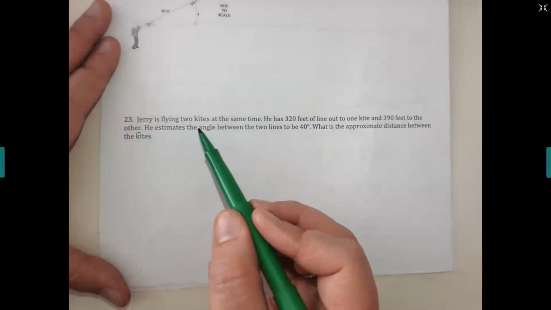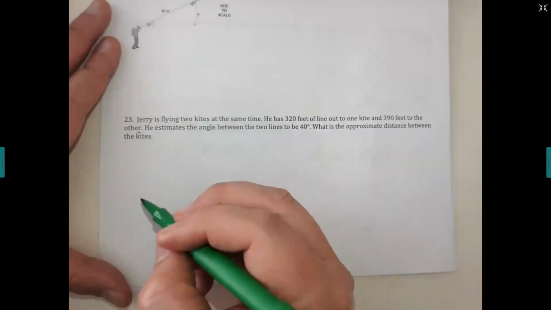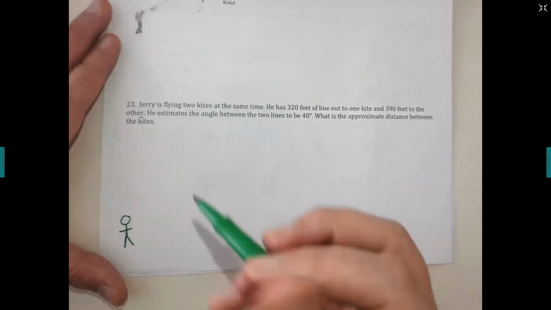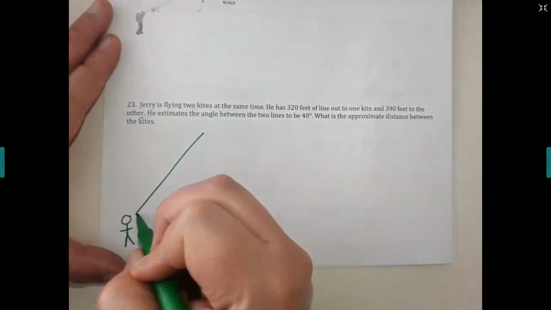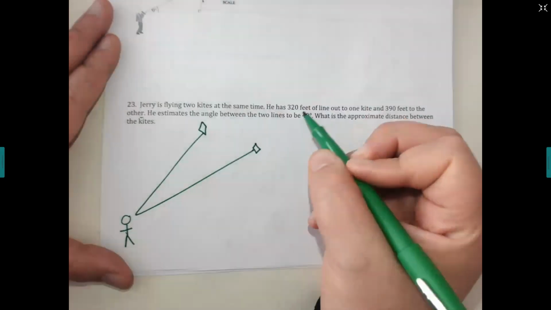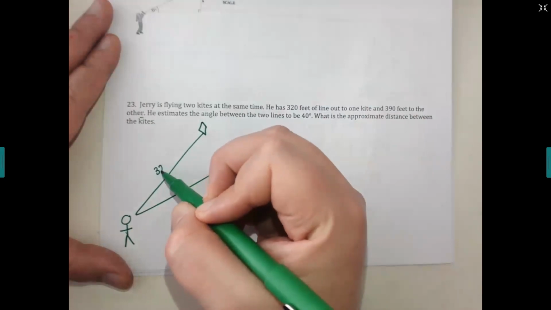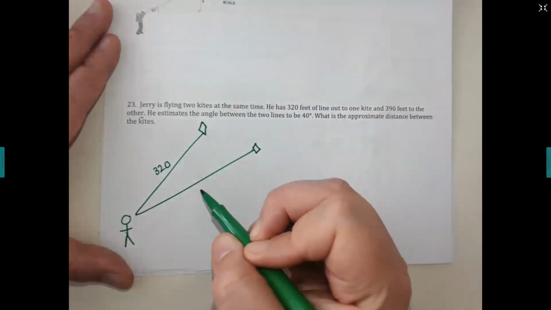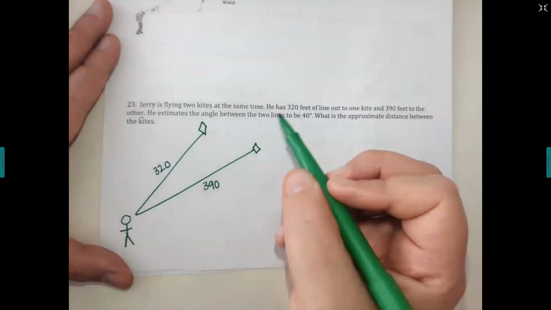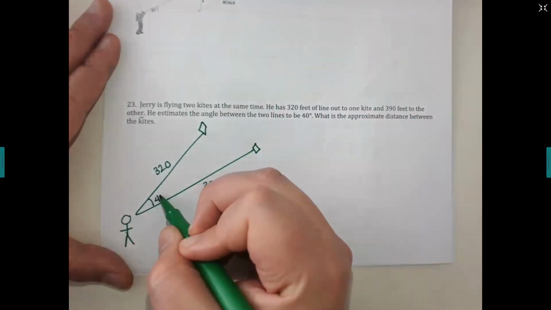He estimates the angle between the two lines to be 40 degrees. So here's Jerry. He has two kites. Say this is kite number one, this is kite number two. 320 feet of line out on the first kite, 390 feet out on the second kite. Then it says the angle between them is 40.